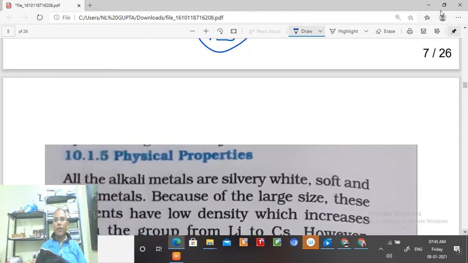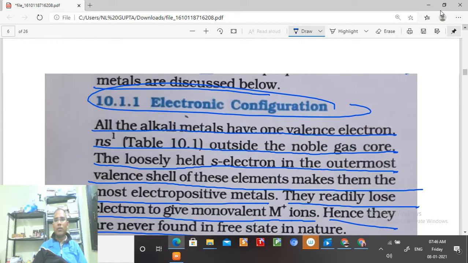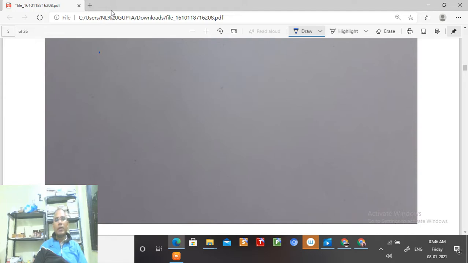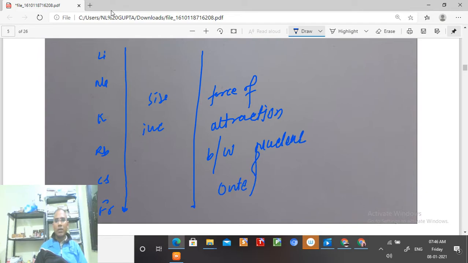And if you talk about moving down the group, student, lithium, sodium, potassium, rubidium, cesium and francium, what is happening? Size increases. Size increasing means the force of attraction between the nucleus and the outermost electron decreases.